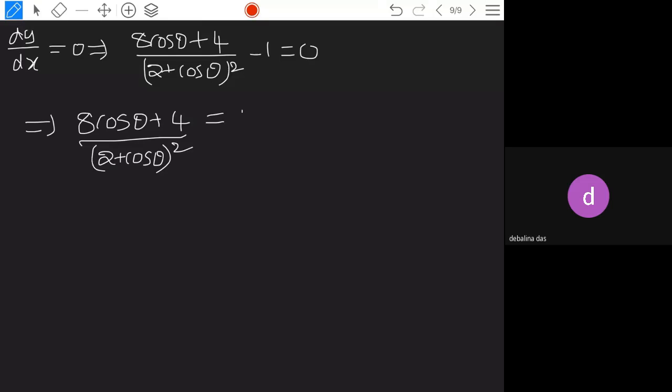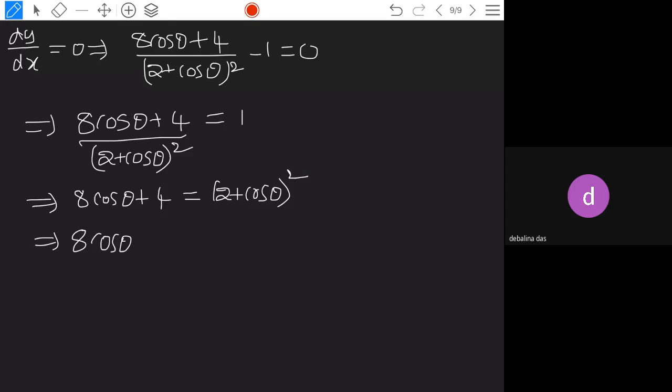On simplification, 8 cos theta plus 4 is equal to 2 plus cos theta whole square. So 8 cos theta plus 4 is equal to 4 plus cos square theta plus 4 cos theta. Take all the terms to one side. So on simplification, what do you get here?